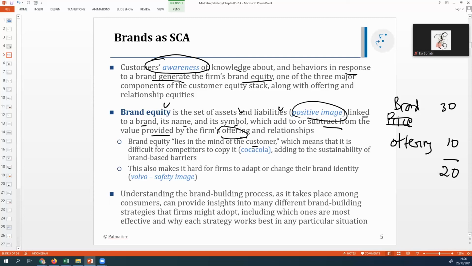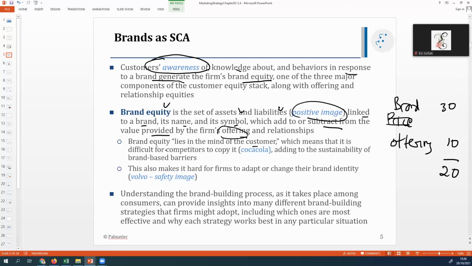So why is brand equity difficult for competitors to copy? Because it lies in the mind of the customer. Imagine how much Coca-Cola has invested to make sure that the brand lies in the customer's head.